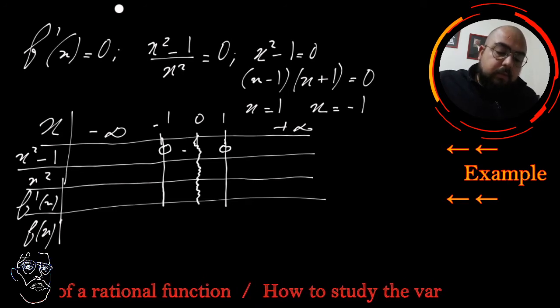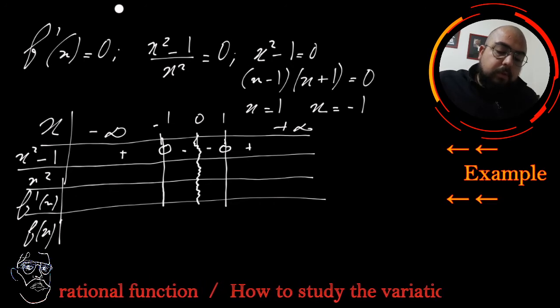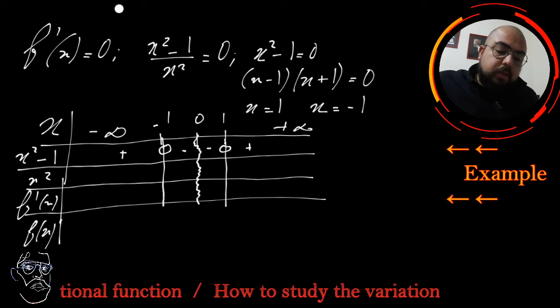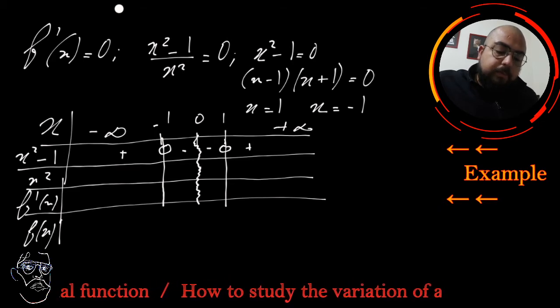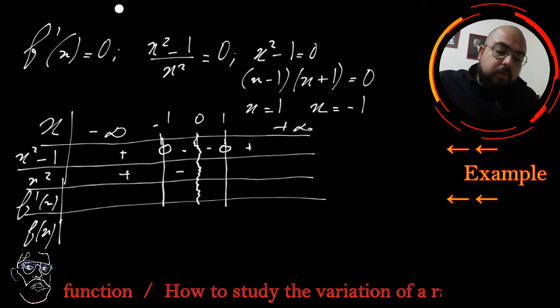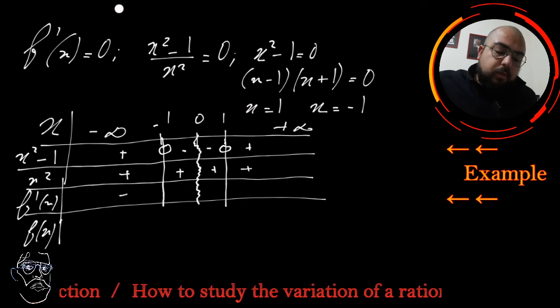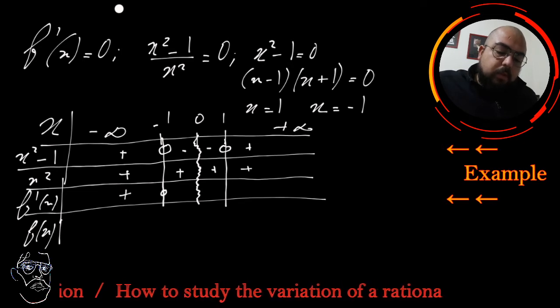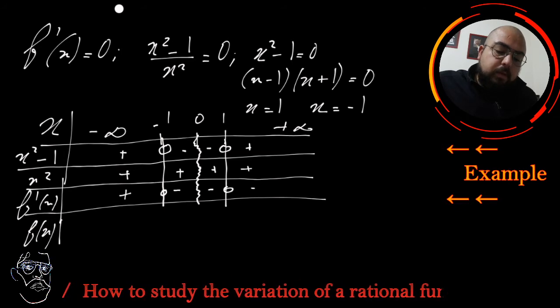So it's negative, negative. Outside it will be positive, positive. X squared, it will be 0 for 0, but it's shaded, just like we just mentioned. So positive, positive, positive, and positive. F prime of x will be plus 0 minus 0 plus.